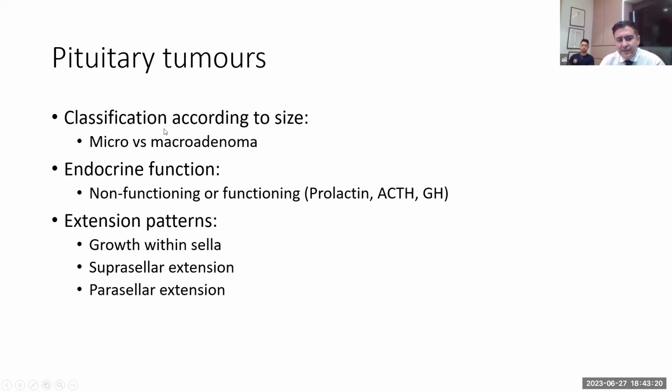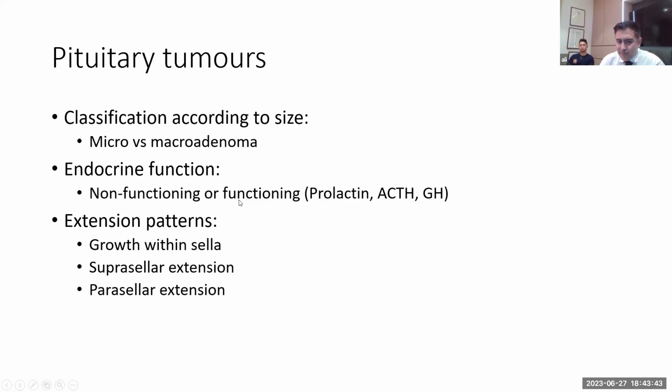A larger lesion, more than 1 centimeter, is often referred to as a macroadenoma, disregarding whether it's secreting hormones or not. But we can classify tumors also according to their endocrinological function. So a pituitary tumor, micro or macroadenoma, can be non-functioning or functioning.